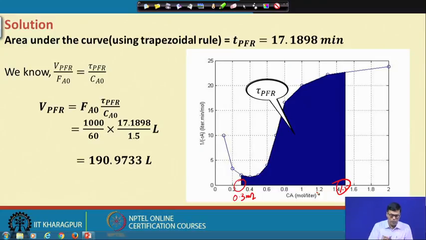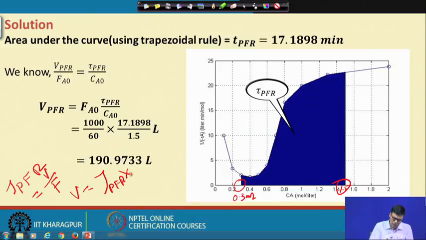Once you know tau of the plug flow reactor, tau is equal to V by F. Am I right? What is F? I have already shown you F, so V equals tau of the plug flow reactor into F. So you can find out the volume of the reactor.